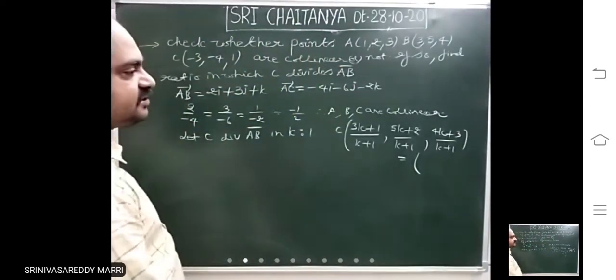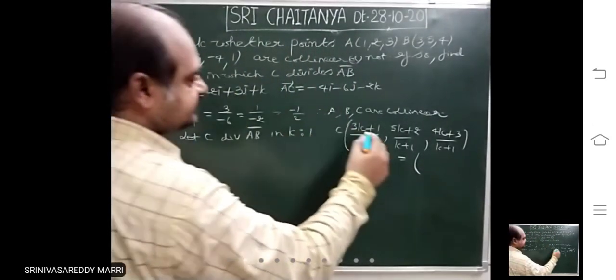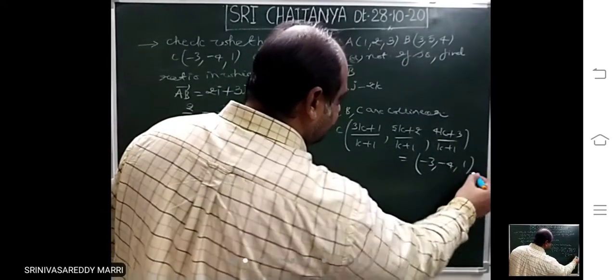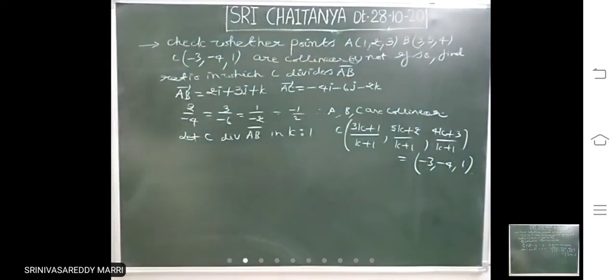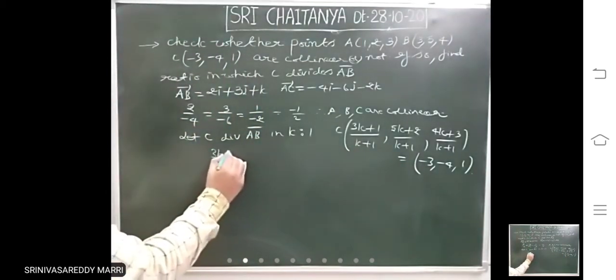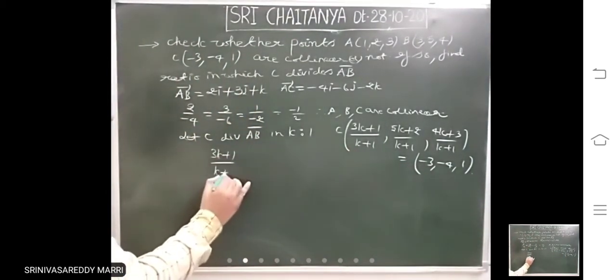You equate this to C, which is already given, -3, -4, 1. So equate each coordinate to the corresponding one, divided by k plus 1.